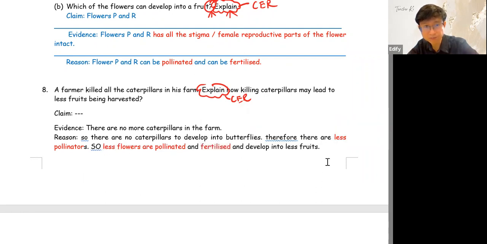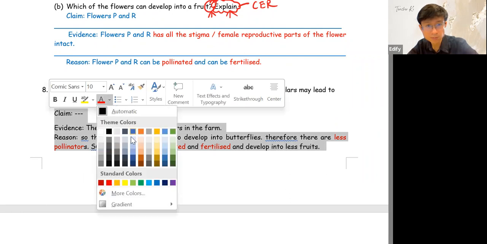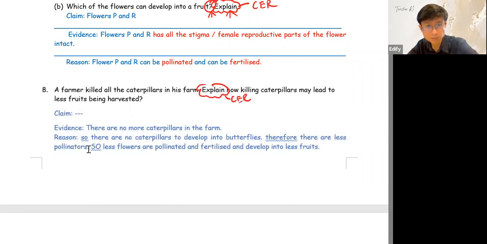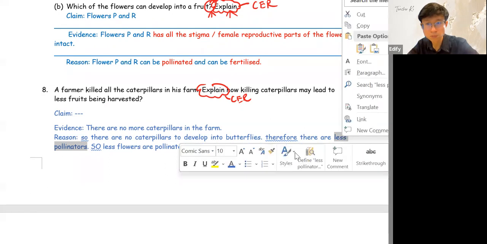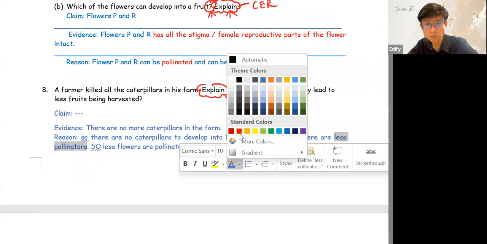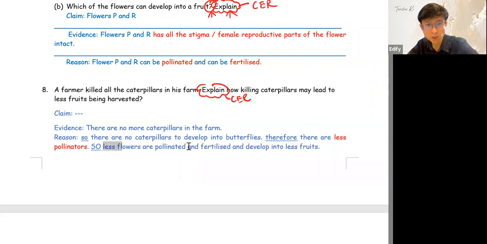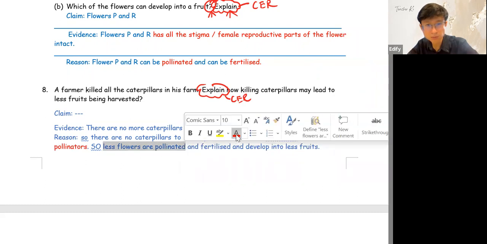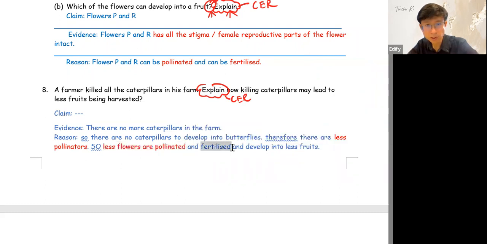Fertilization is a keyword. So: fewer pollinators, fewer pollinated and fertilized.